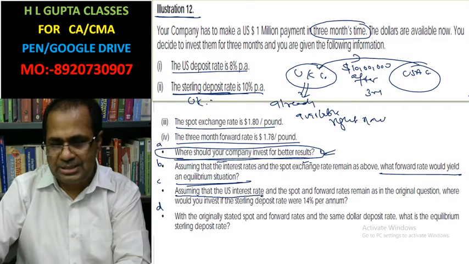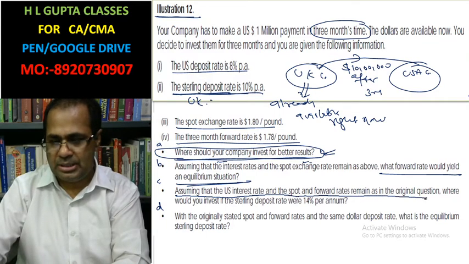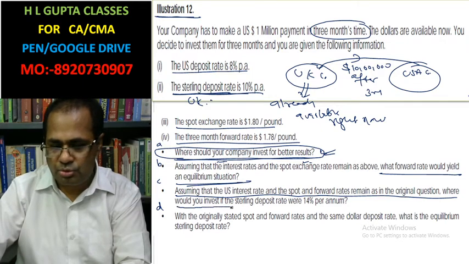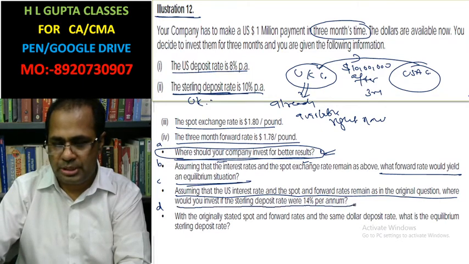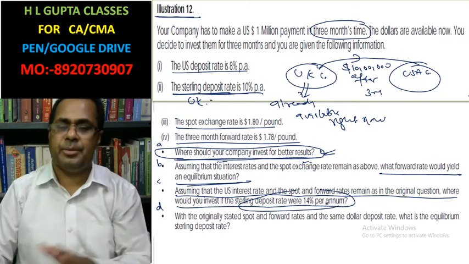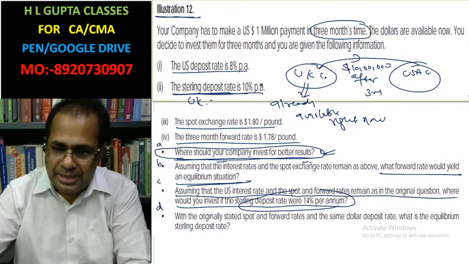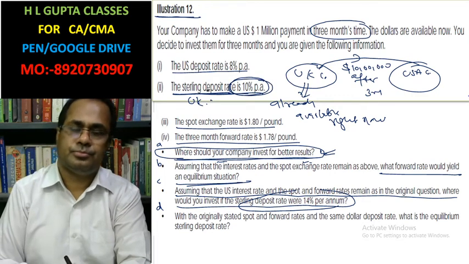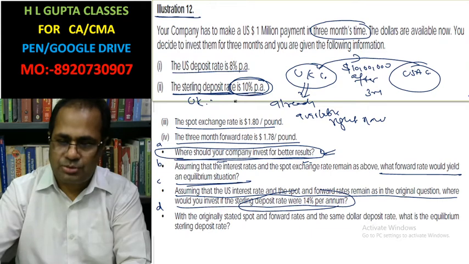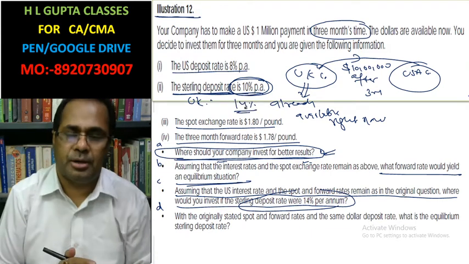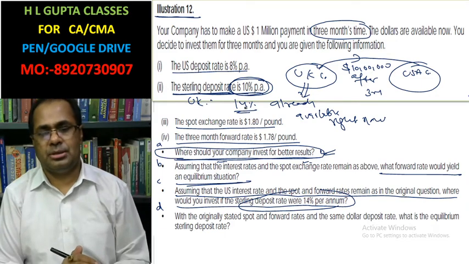Assuming that the USA interest rate and spot and forward rates remain the same as in the original question, where should it invest if the sterling pound deposit is at 14%? It means in the place of 10%, the interest rate is going to be 14%, and in this case you have to compare where you should invest.